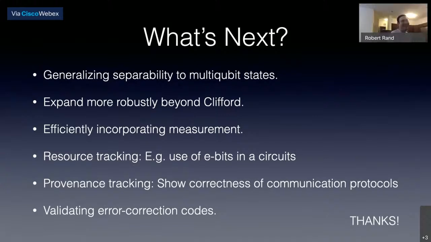This system is designed for typing quantum circuits, and the ZX calculus is a fully expressive alternative to quantum circuits.